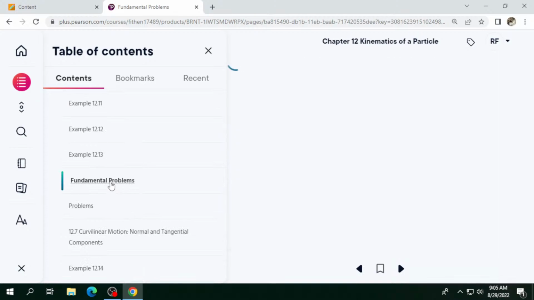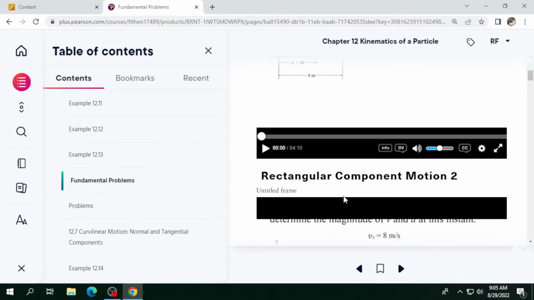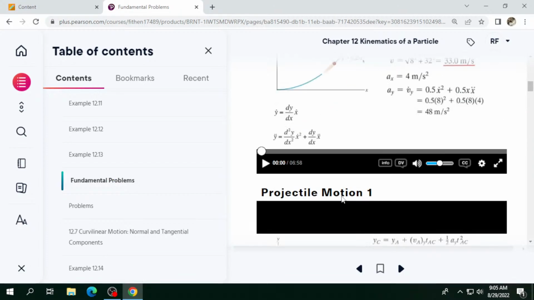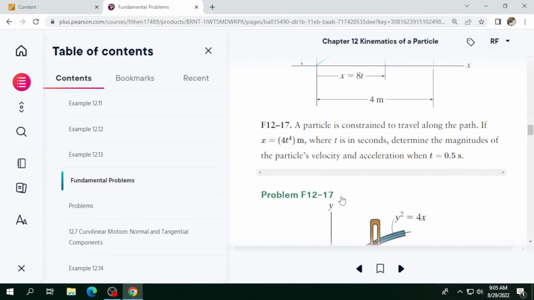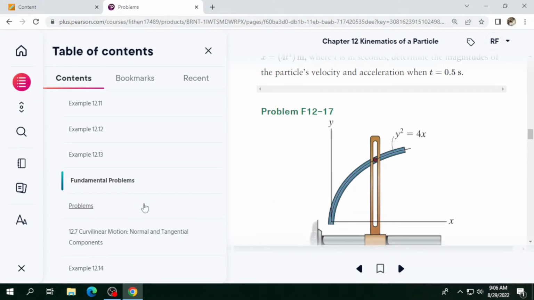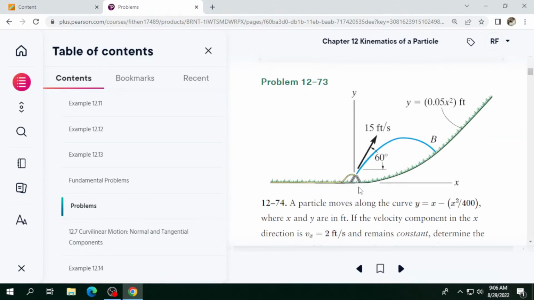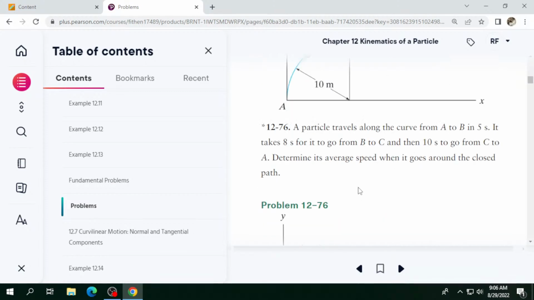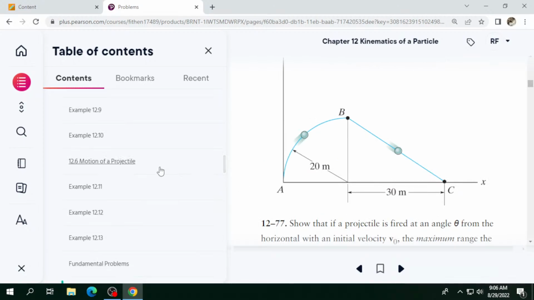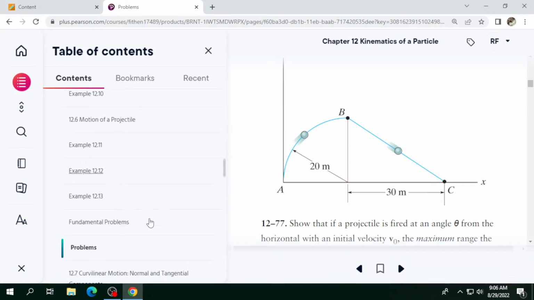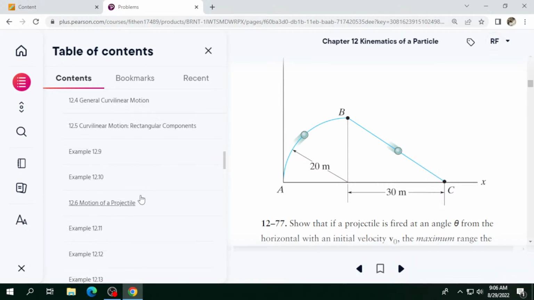Let me see what the difference is with the fundamental. Oh, all the fundamental problems are already worked for you. Okay, so then let me just do problems. I like ones with pictures. Now this is not, oh, this is just motion. This is not the normal attempt. Okay, so there's the projectile.